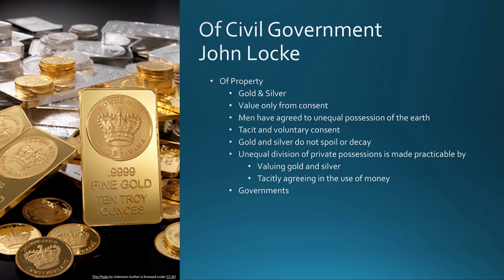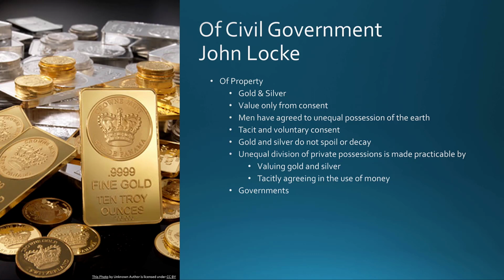Or so he claims. What he claims we've all agreed to, and obviously not everyone has agreed to this or agreed to it freely, is that a person can receive gold and silver in exchange for the surplus. You may wonder, why gold and silver? Again, Locke's rule is you can't get more than you can use, and you can't just let it spoil.